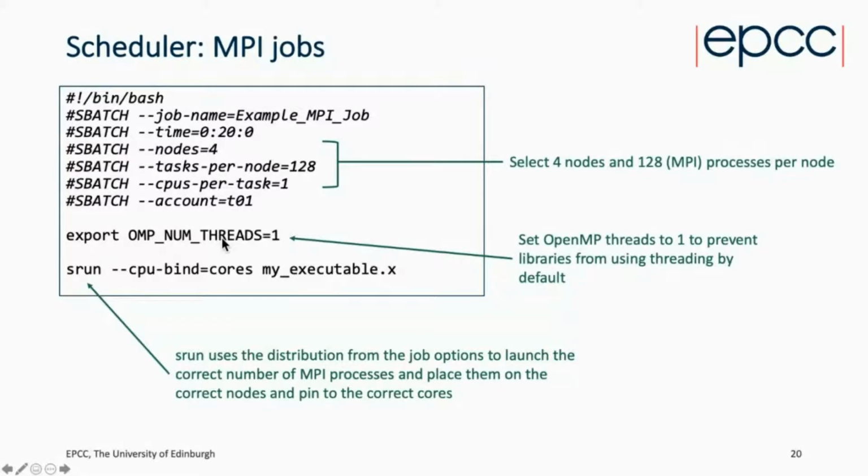We always recommend exporting OMP_NUM_THREADS equals 1 unless you're using threading, to stop any of the system libraries or performance libraries exploiting more threads and potentially overscheduling on cores. And then you don't specify in your run line how many MPI tasks you want. They're just taken directly from the SBATCH options with srun.